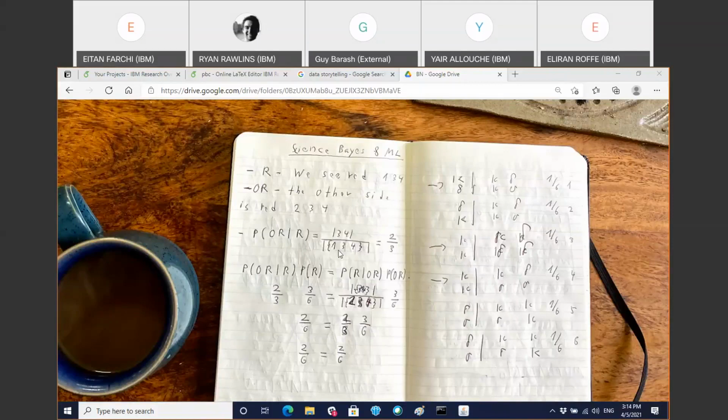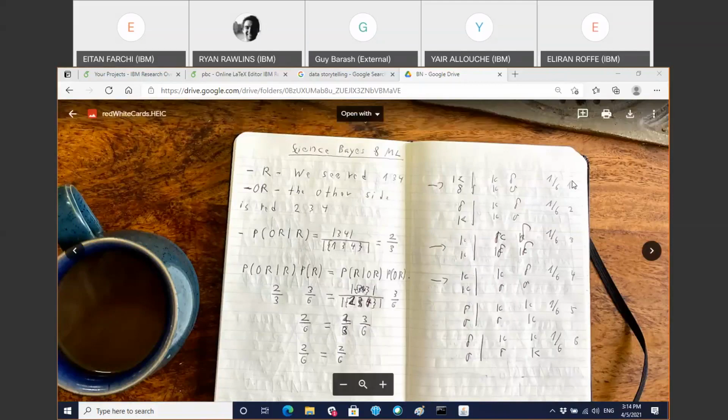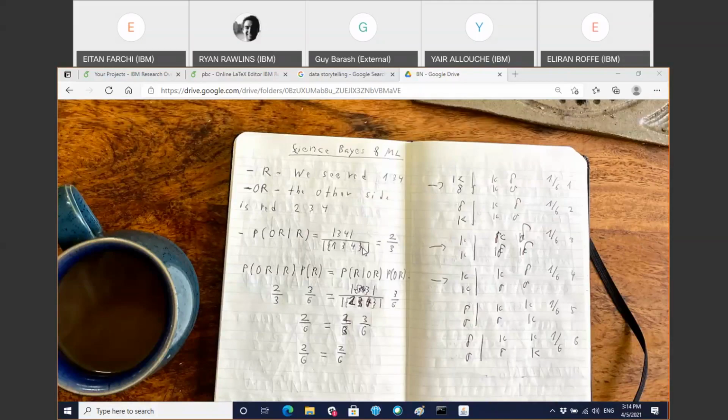So let's see, how many cases do we have that we see a red at the top? At the top. So yes, so this is this case, and this case. Case 1, case 3, and case 4. So there are 3 cases in which we have a red at the top.